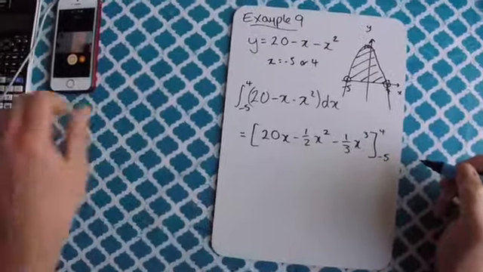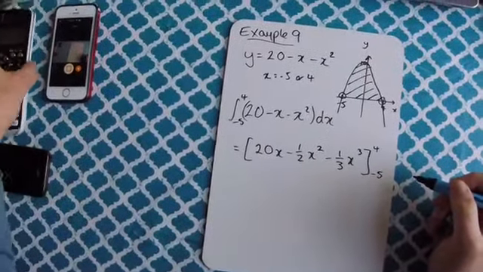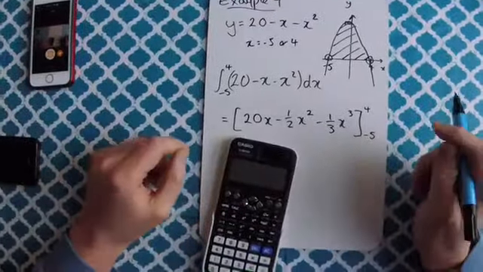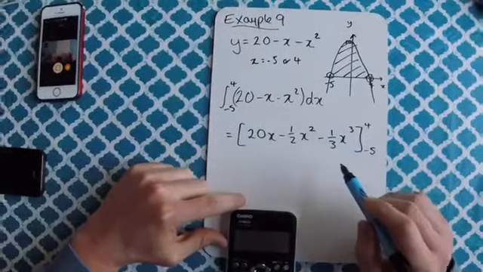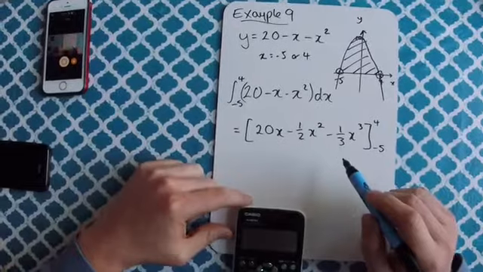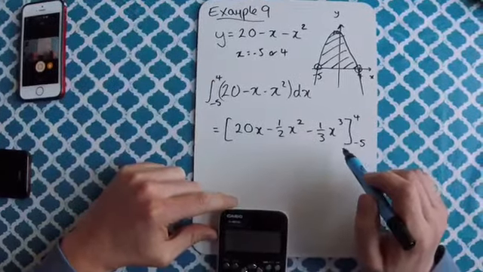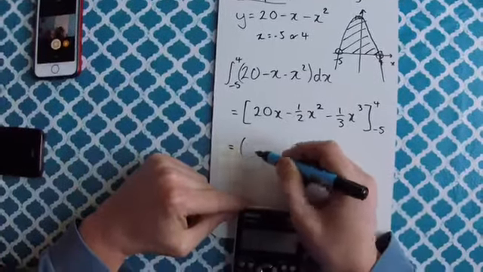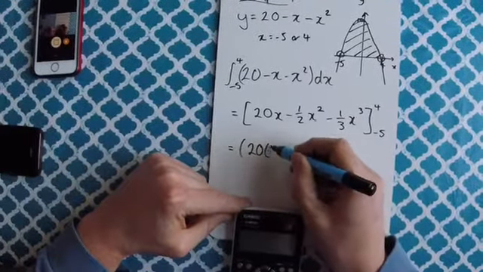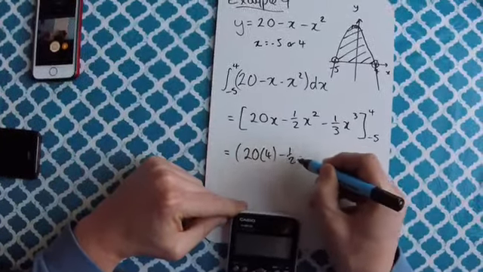Now, here's the thing. Your calculators will do definite integrals for you, but you need to show this step in the process at the very, very least. Okay, so at the very least we need to show this step in the process. I would probably even go further and just make it really clear that we know what we're doing.